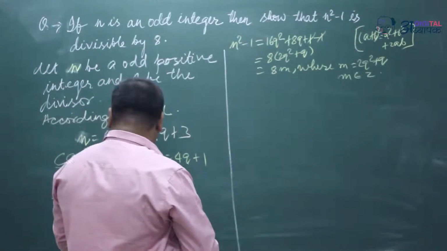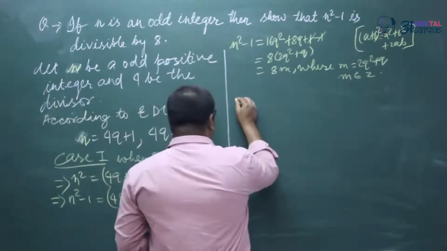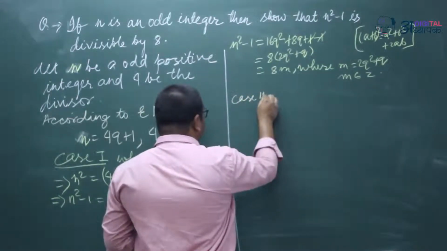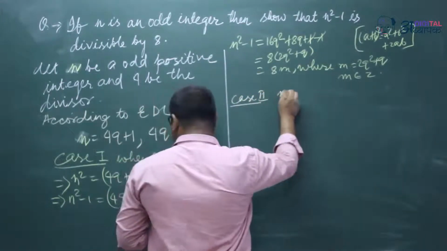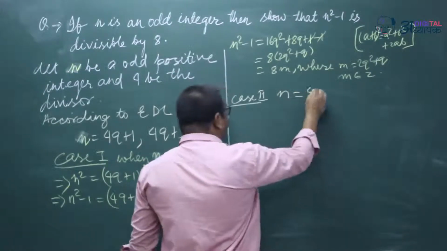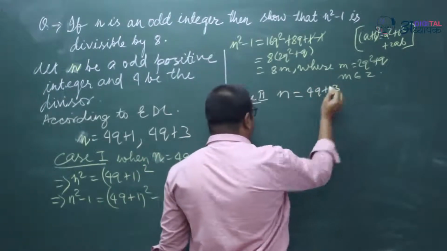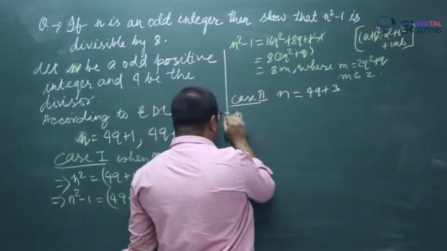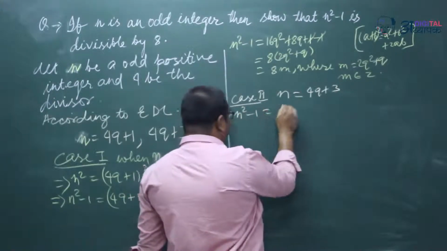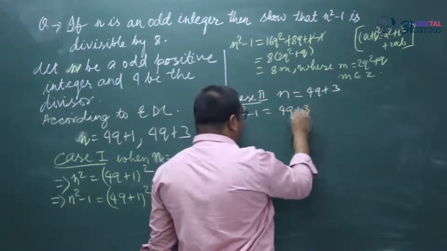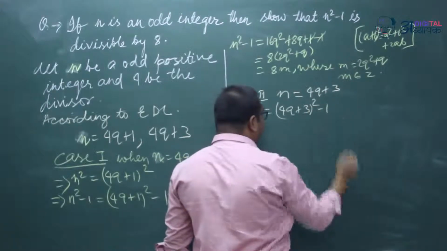Second, again we have to take case 2, and in case 2 we have n is equal to 4q plus 3. So we have to find out n square minus 1, that is 4q plus 3 whole square minus 1.